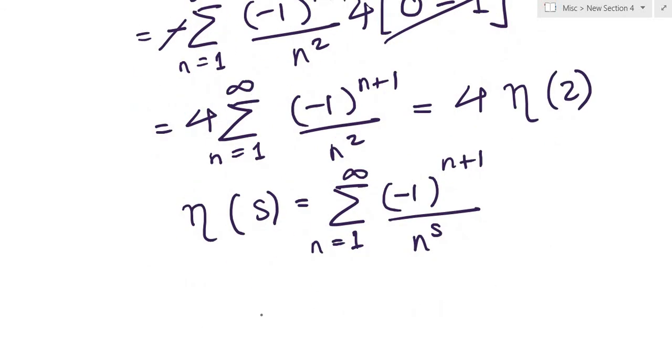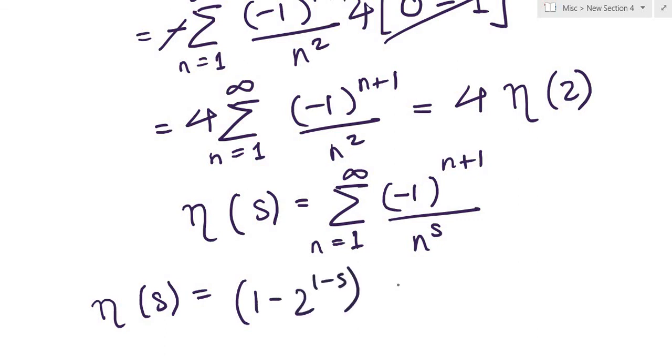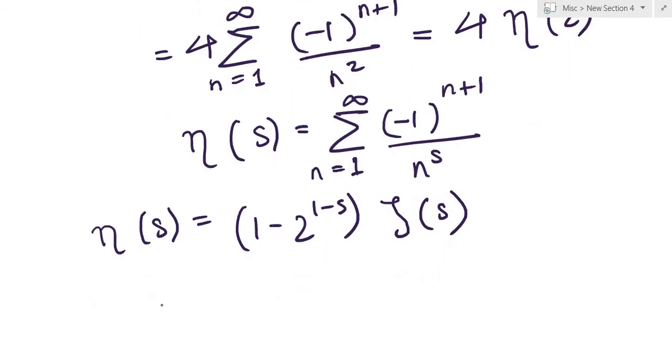Now how do we find the Dirichlet eta of 2? Well, there was this beautiful relation that Dirichlet eta of s is equal to 1 minus 2 raised to 1 minus s times the Riemann zeta of s. So, instead of s, we can just plug in 2 now.